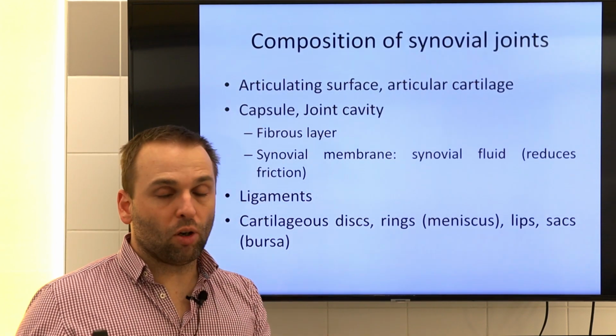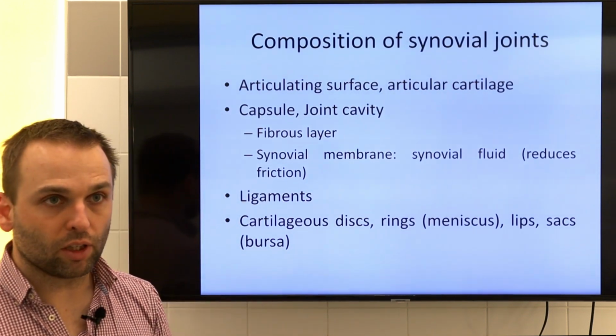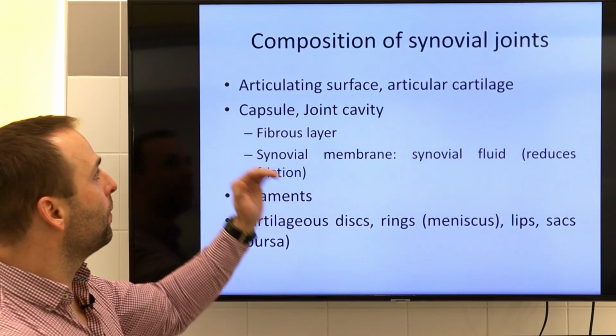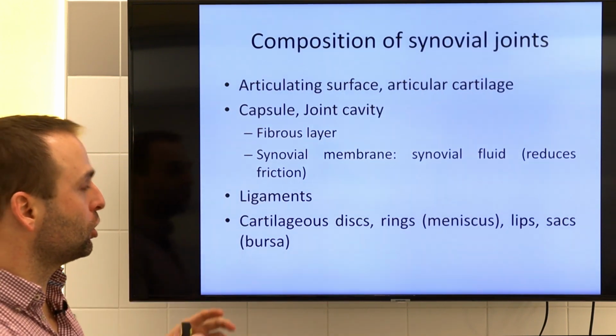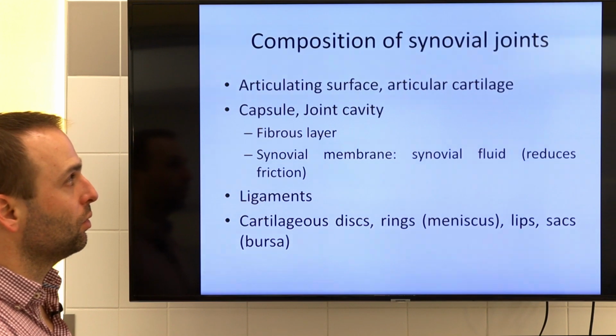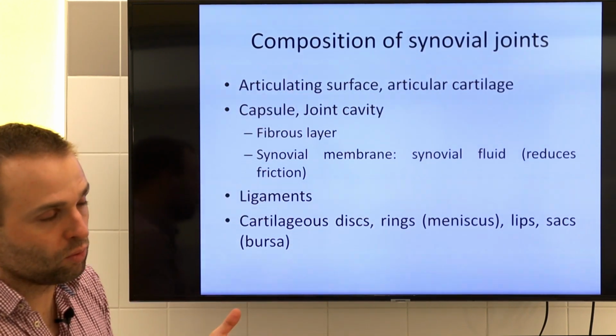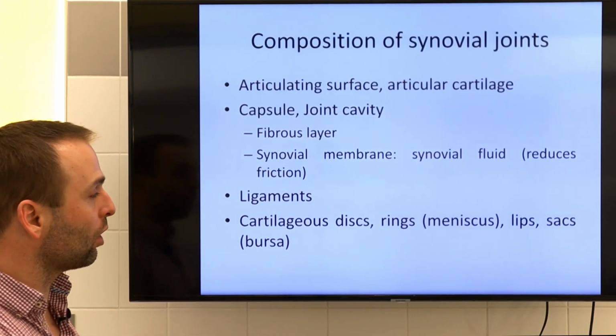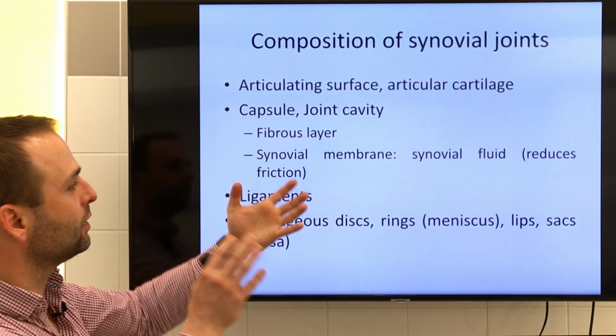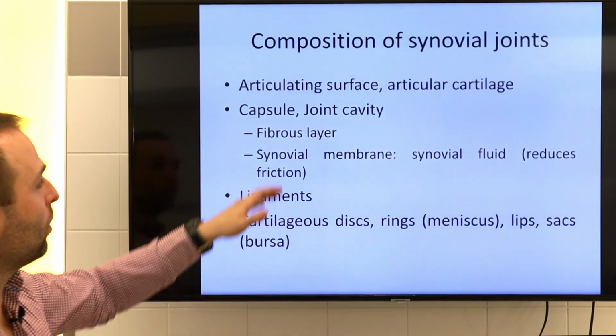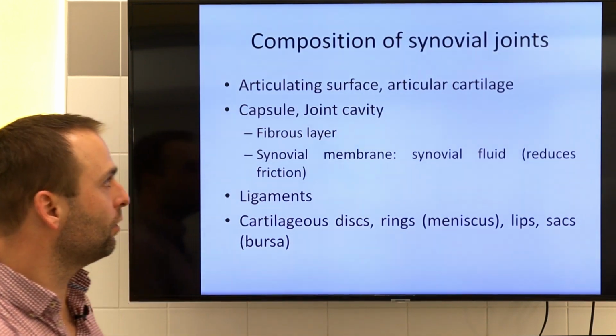So what are these components of the synovial joint? There are several things which are required in order to form a synovial joint. First of all, you need at least two bones which are connected, and the surfaces which are connected to one another are called articulating surfaces.